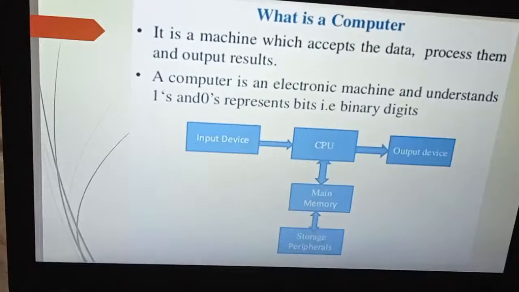Now we'll see byte. A byte is defined as a group of 8 bits.